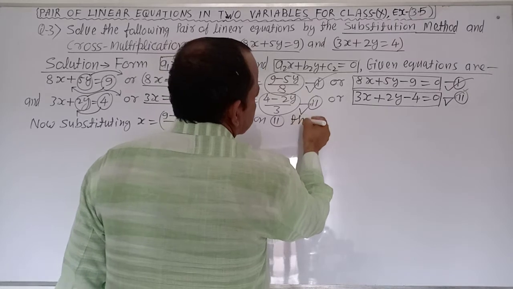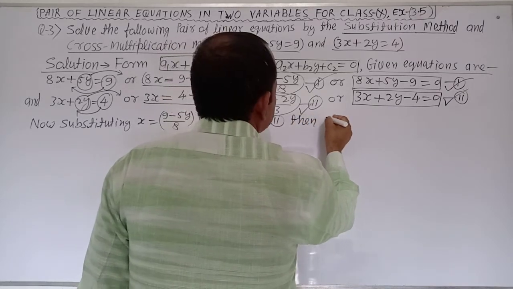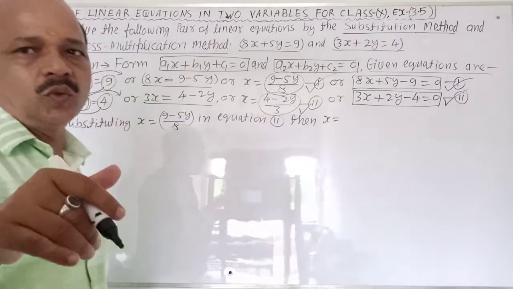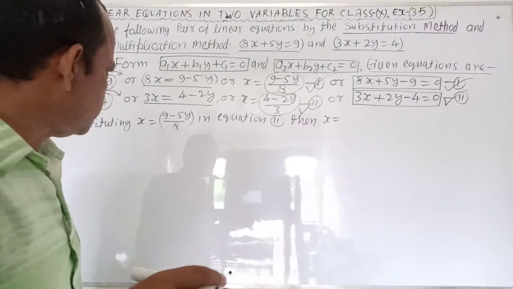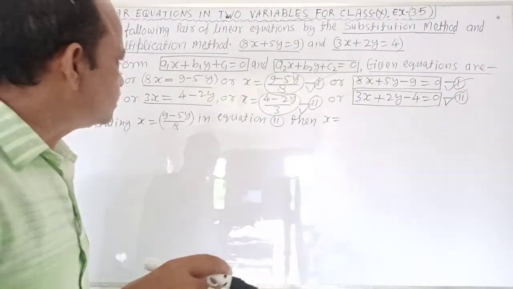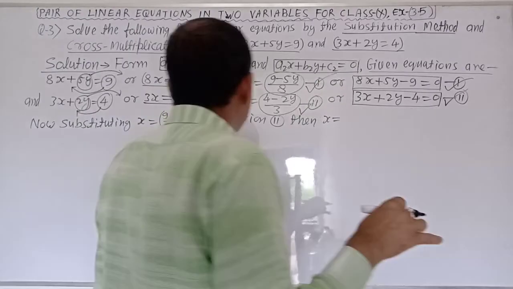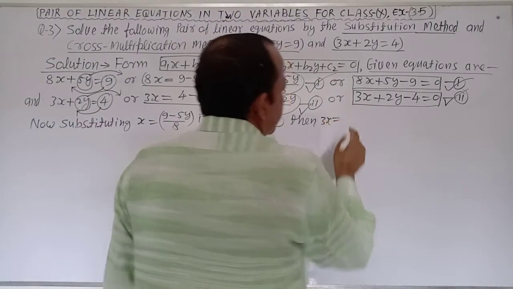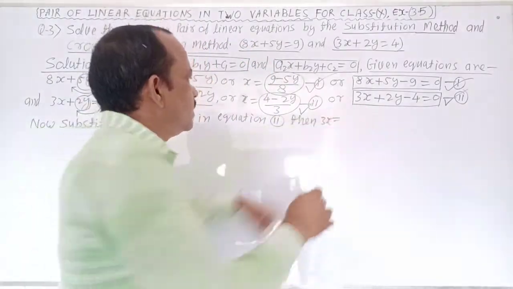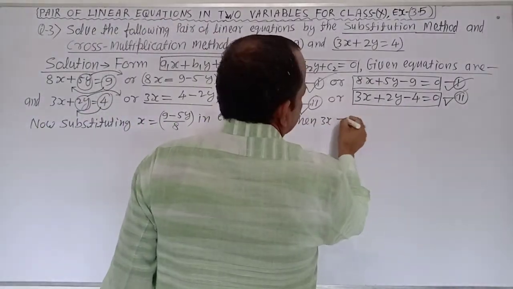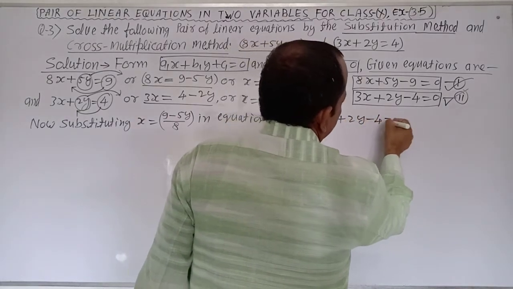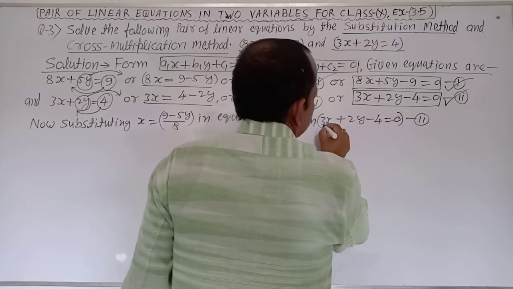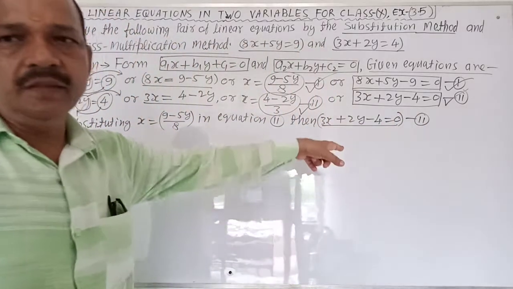Then 3x plus 2y minus 4 equal to 0, equation second.